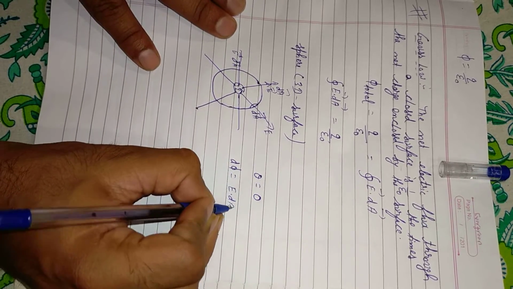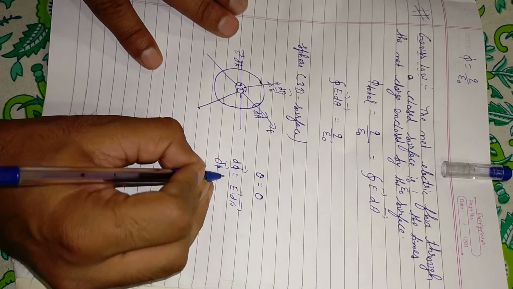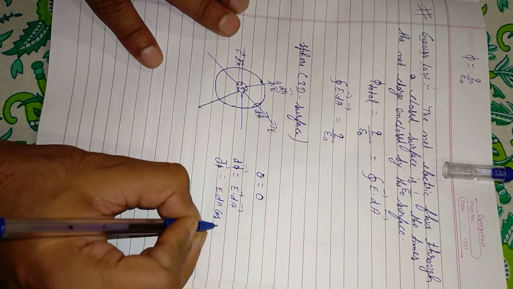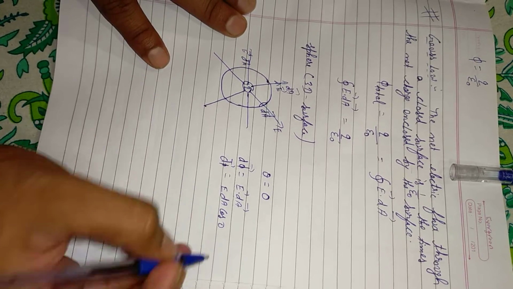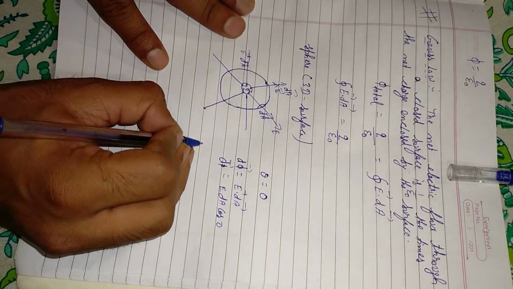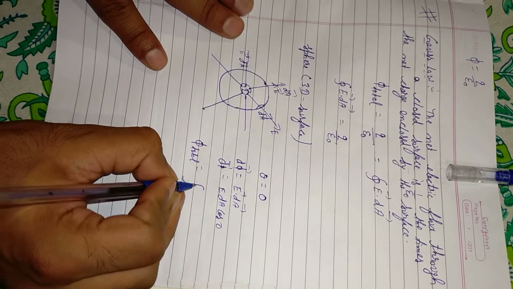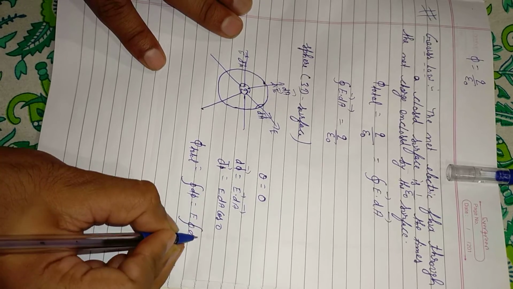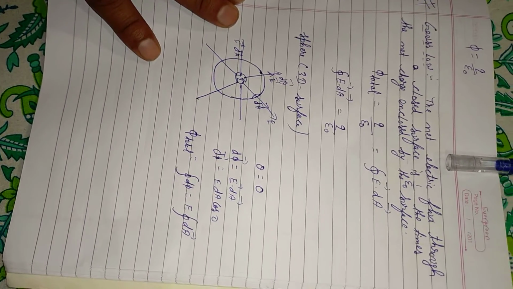So the net electric flux for a small area we can write as d phi equal to E dot dA, then d phi equals E dA cos 0. We want to calculate the total electric flux, and cos 0 is 1, so the total flux will equal the integral of E dA, because the electric field is uniform and constant.